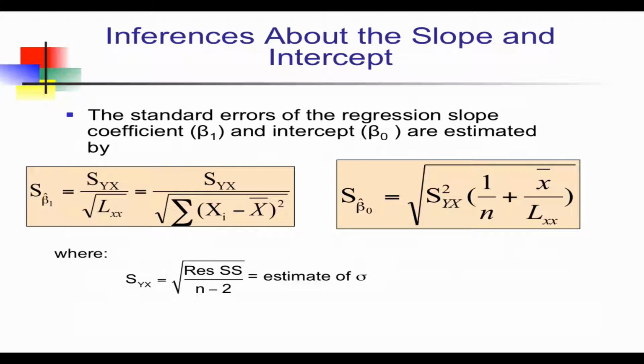So this would be the standard error of beta hat 0. You can see that beta hat 0 has a mean of beta 0. If you work out the expectation of beta hat 0, it is also an unbiased estimate of beta 0.